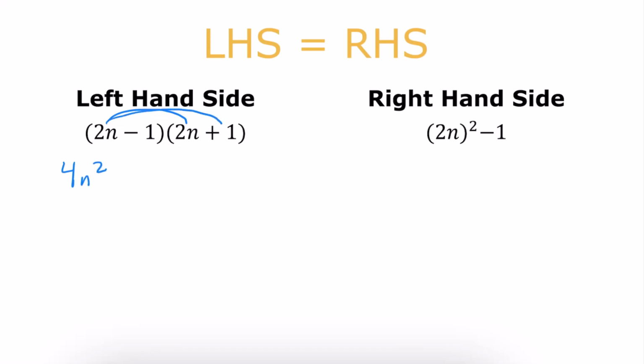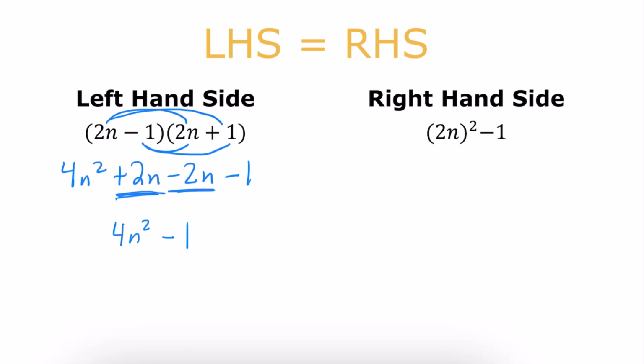Then distribute the 2n to the positive 1, which gives positive 2n. Then distribute the negative 1 to the 2n, which gives negative 2n. Distribute the negative 1 to the positive 1, and you get negative 1. And this can actually be simplified further because a positive 2n plus a negative 2n will give you 0 n's. And so they cancel each other out through addition, and you end up with 4n squared minus 1.